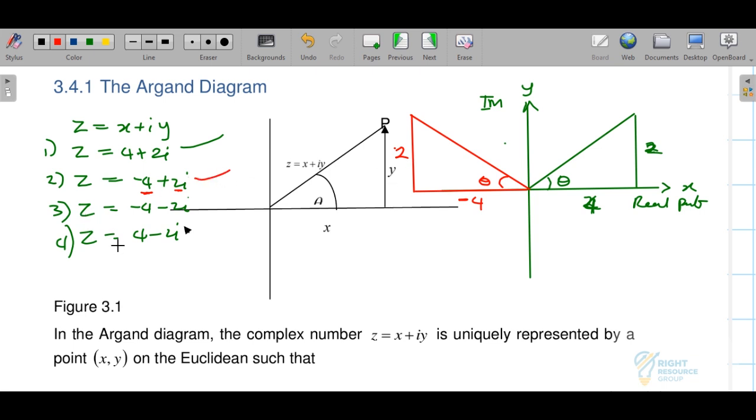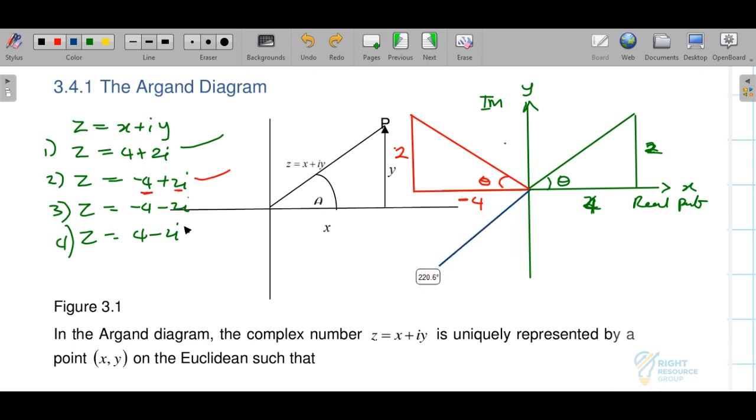So let's check for the third one. Now we have minus 4 minus 2i. It is going to be in the third quadrant here. Let's use blue for this one. We are going to have something like this, at this quadrant.